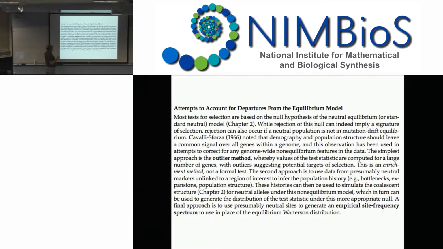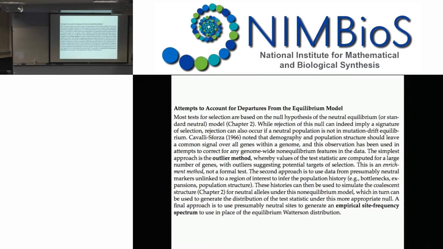Luca Cavalli-Sforza at Stanford noted that demography and population structure should leave a common signal over all the genes in a genome. So if I've got 500 sites, I could compute 500 Tajima's D tests, and those should all be realizations, if they're neutral, about the expectation I should expect for that population demography or population structure. People then said, oh, you could do that and look for outliers.